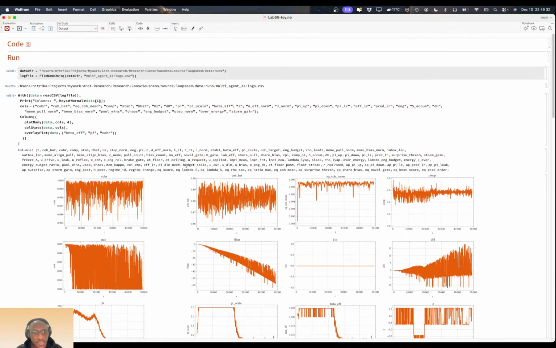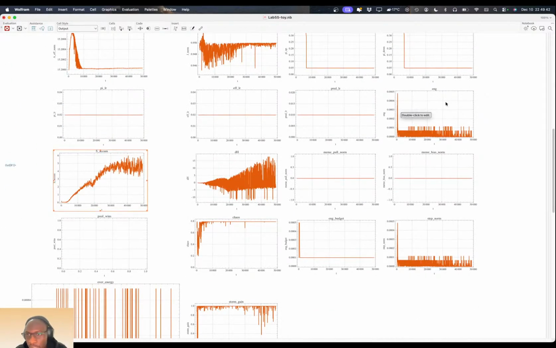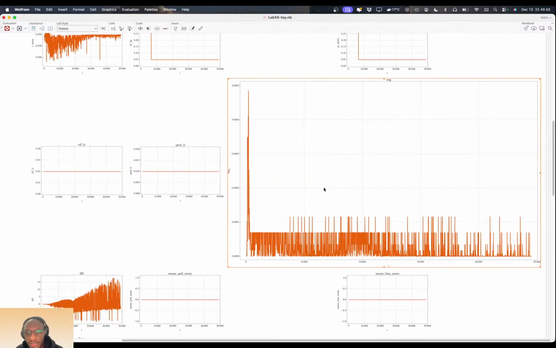Okay, so let's see the graph. Where is the graph for energy? Do I have a graph for energy? Yes, just before this we have this. Oh, I see. So at the beginning we see a lot of usage of energy.